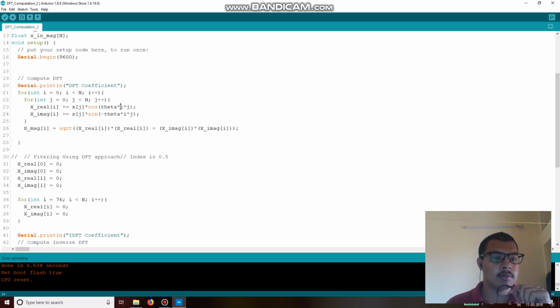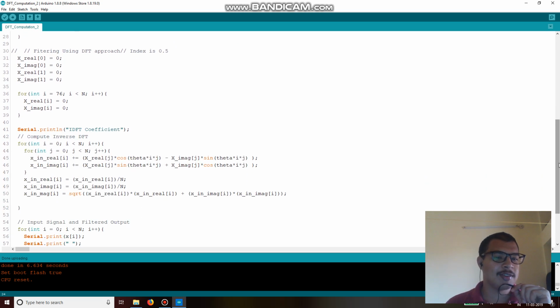So nk would be replaced by ij, and the rest, 2 pi by n, is theta, and this would be storing the real part in the array X real, and the imaginary part in the array X imaginary. Then we would be taking the magnitude. So magnitude would be the sum of the squares of this array and this array. So now we have obtained the X real and X imaginary matrices.